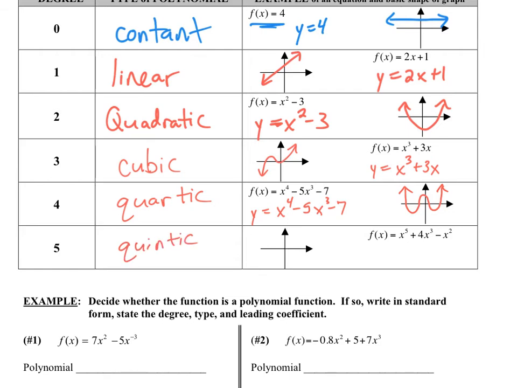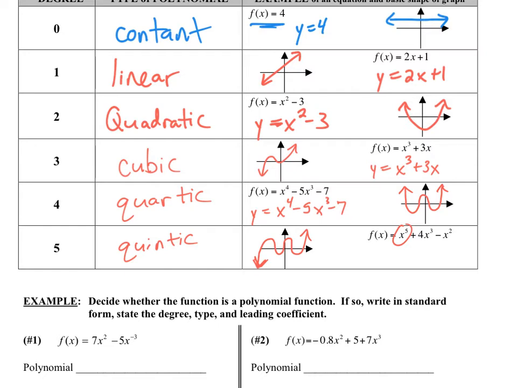And the last one we're going to talk about is a quintic. I mean, they go on and on, but the quintic is the last thing we'll talk about, and that's when the highest degree is 5. So like x to the fifth is the biggest exponent. And this one will look like this. It'll come up, down, and up. So it'll go in opposite directions.